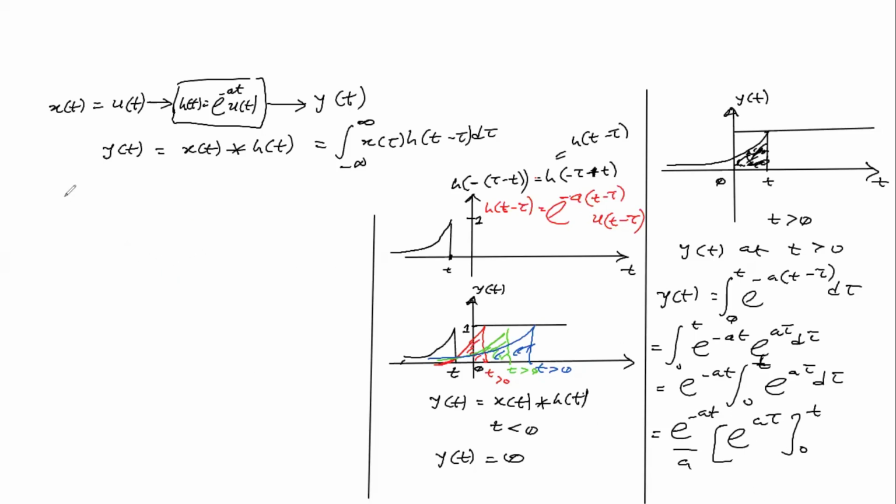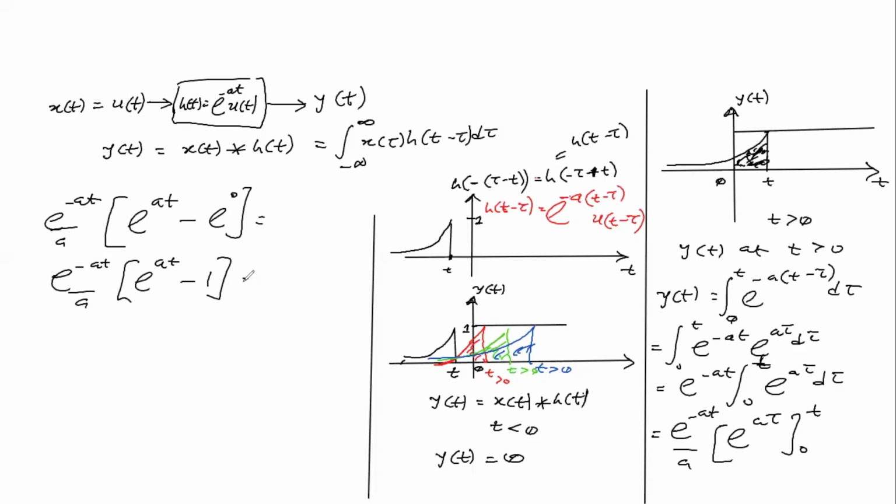Once we expand this, that is epsilon minus at over a into bracket epsilon a t minus epsilon 0, right? Which will be epsilon minus at over a, epsilon at minus 1. So this will give us epsilon minus at epsilon at over a, right?